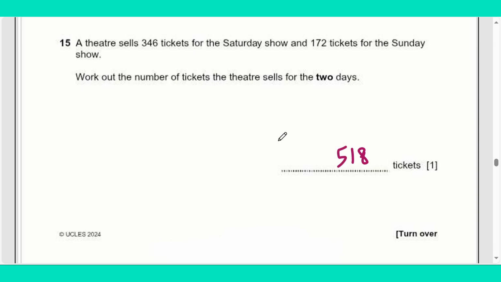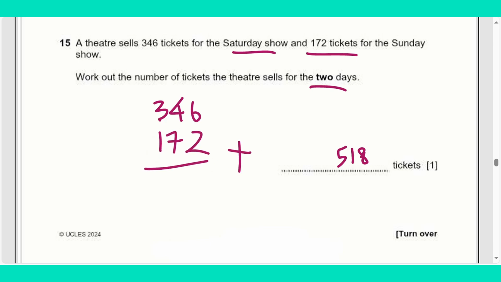So 346 for Saturday and 172 for Sunday. We just have to add: 2 plus 6 is 8, 7 plus 4 is 11, and keep 1 at the top. 1 plus 3 is 4, plus that 1 that we kept is 5.